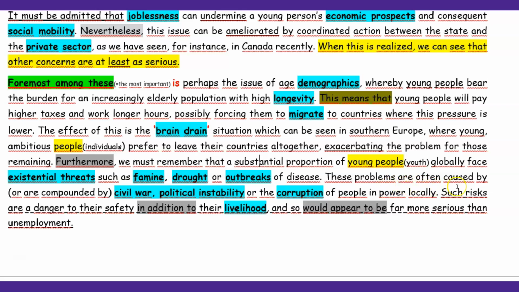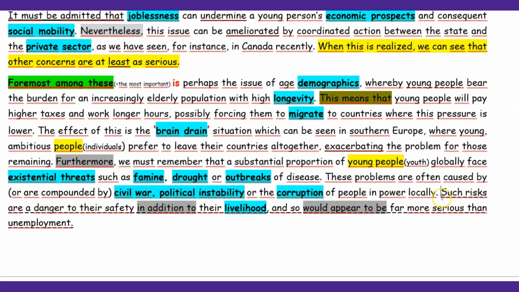These problems are often caused by or are compounded by civil war, political instability, or the corruption of people in power locally. Okay, a great sentence with topic specific vocabularies, very well structured and written here.